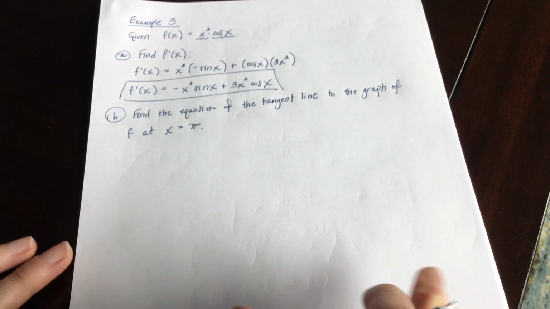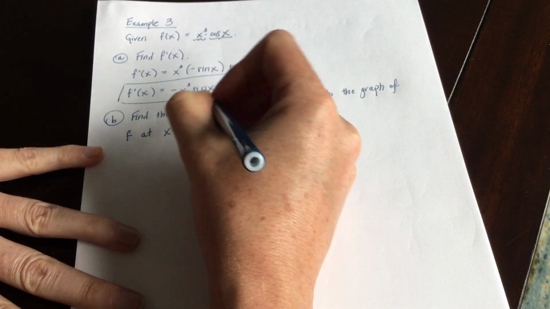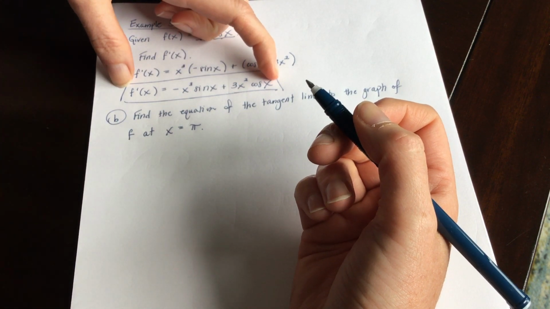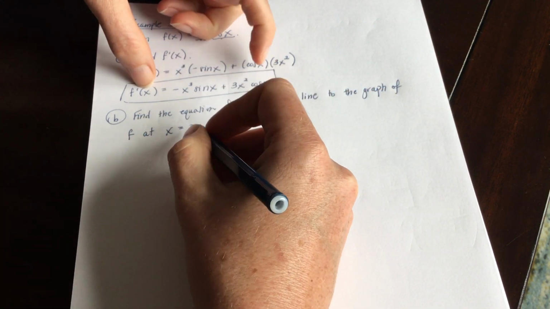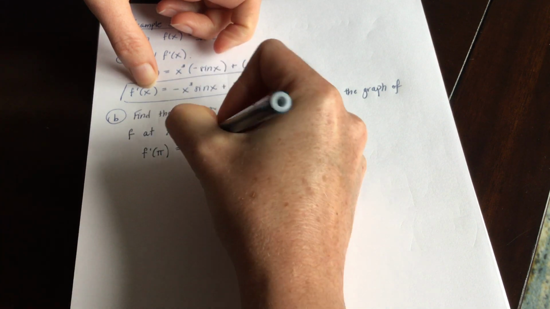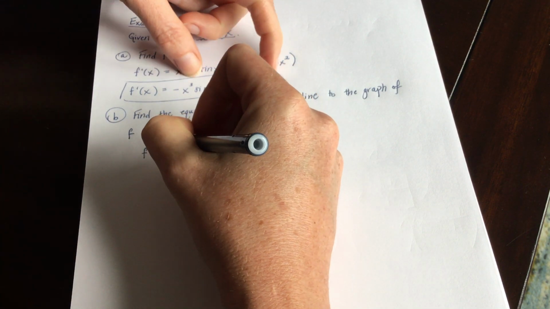So you need the equation of the tangent line. First let's get the slope of the tangent line. This is a slope formula, so we just need to plug pi into it to get the slope. So f prime of pi would be, and then you just plug pi in for all the x's.